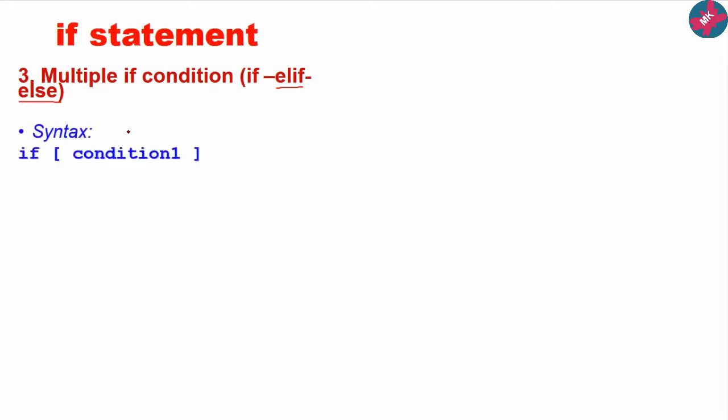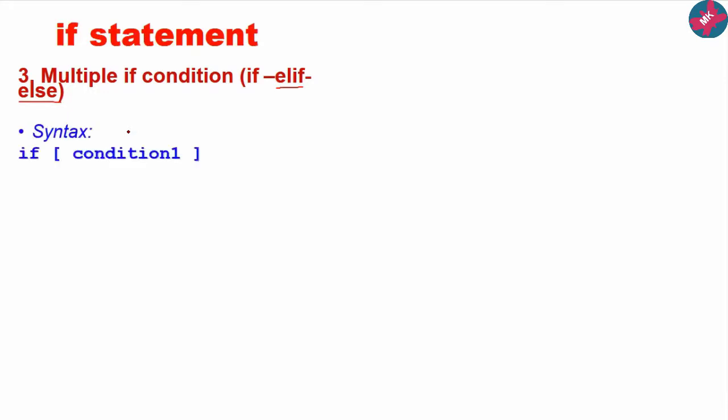Then third, suppose you have to write multiple if conditions. Here you will be using if elif. Always remember it's not else if, it is elif, and then finally the else. Let us see the syntax for this.